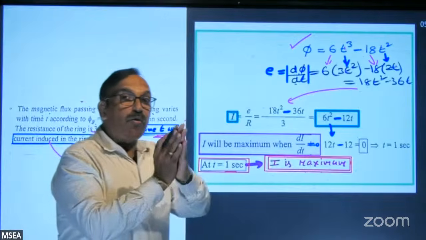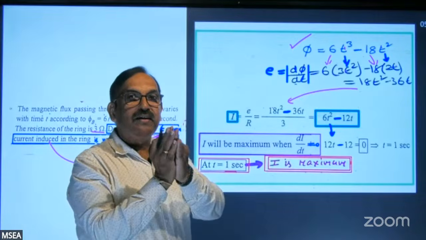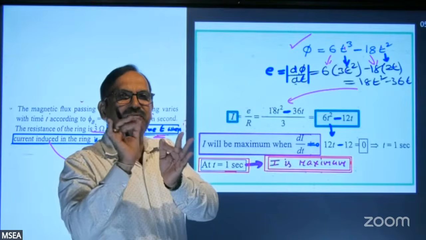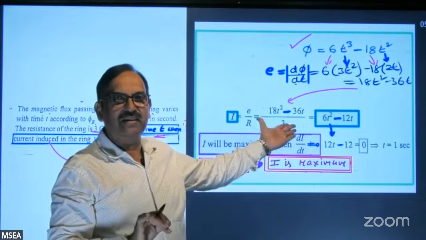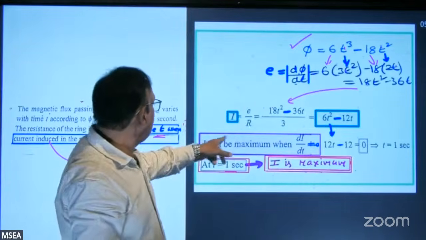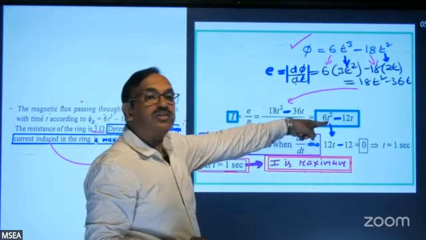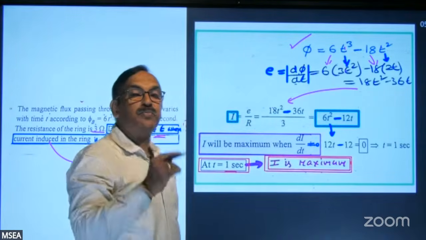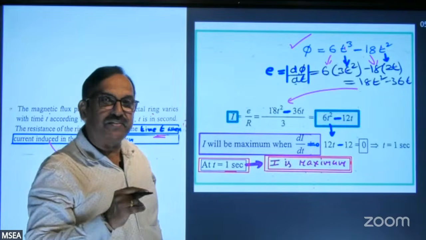If they go for a new bit, which is slightly difficult, not too difficult, then this question suits all their requirements. Now, the current is 6t square minus 12t. I want the current to be maximum. Only one small point you have to know in different topics of physics.